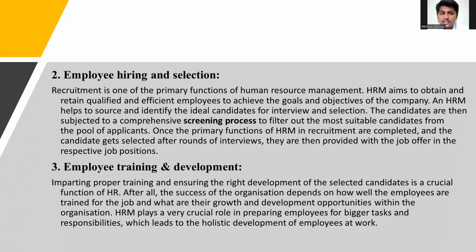The candidates are then subjected to a comprehensive screening process to filter out the most suitable candidates from the pool of applicants. Once the primary functions of HRM in recruitment are completed and the candidate gets selected after rounds of interviews, they are then provided with a job offer in the respective job positions.